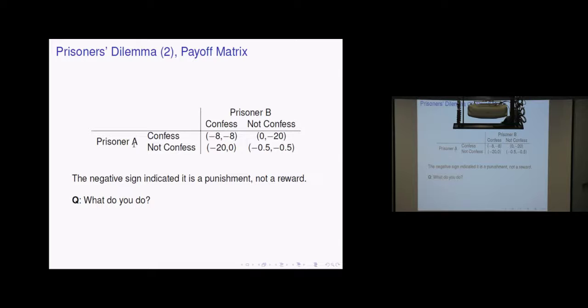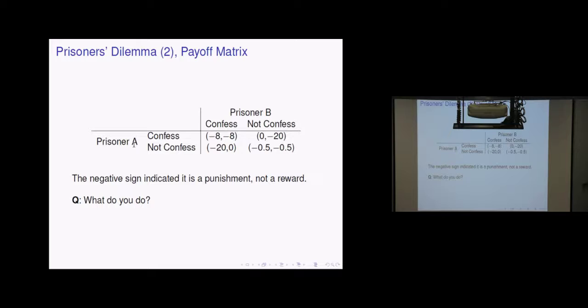Let me repeat: I'm criminal A, trying to reason. If the other guy confesses, it's better for me to confess, because if I don't confess, I'll get 20 years, and if I confess, I only get 8 years. So confessing is a better choice for me.